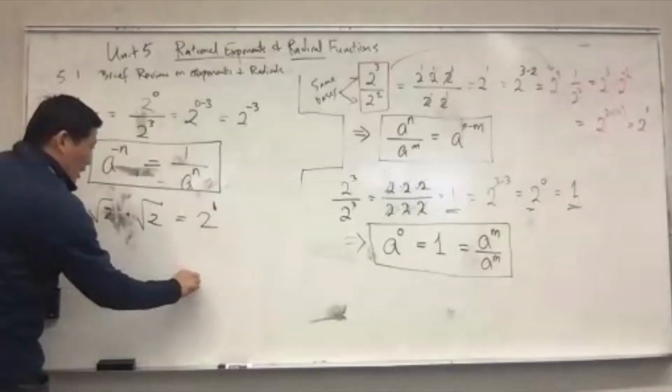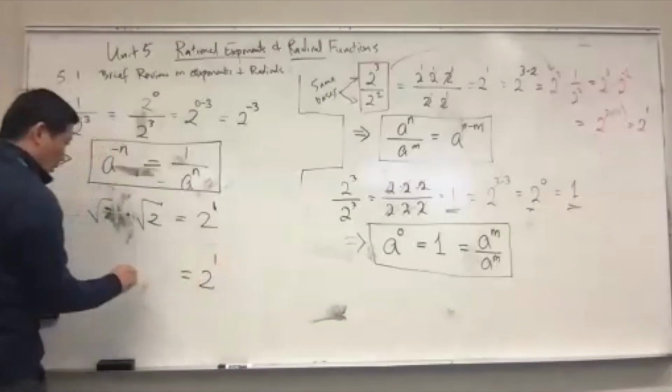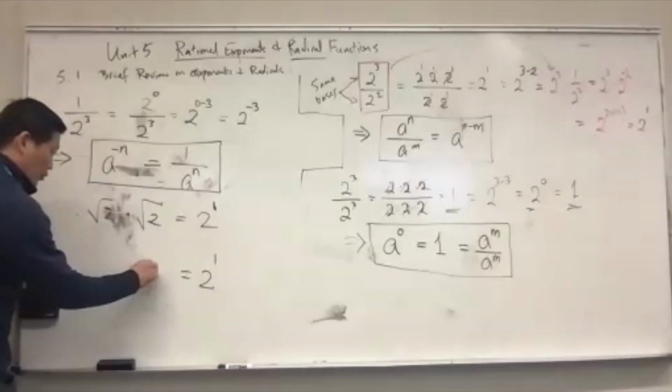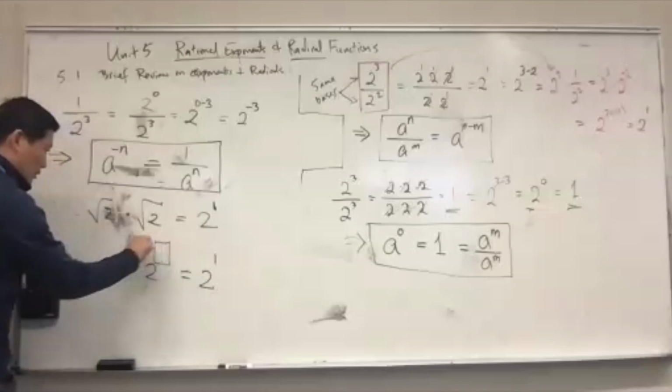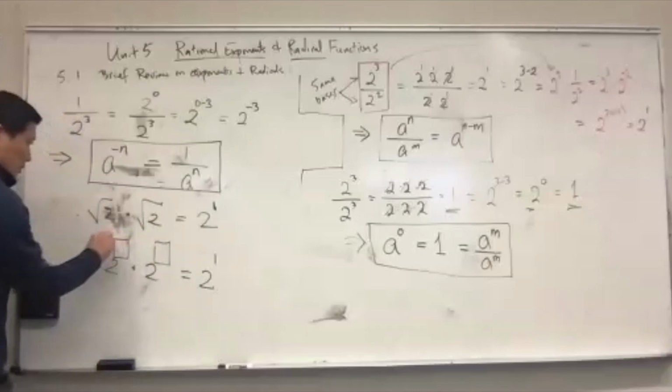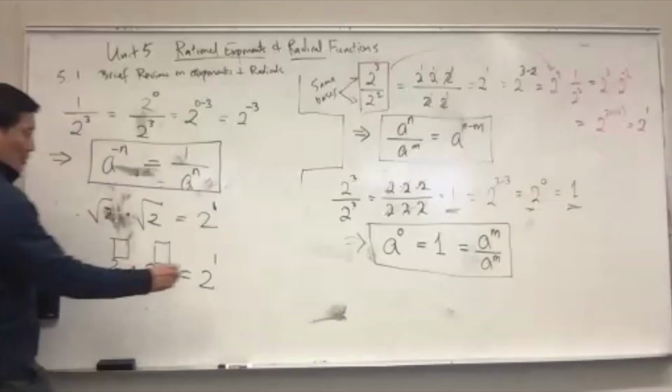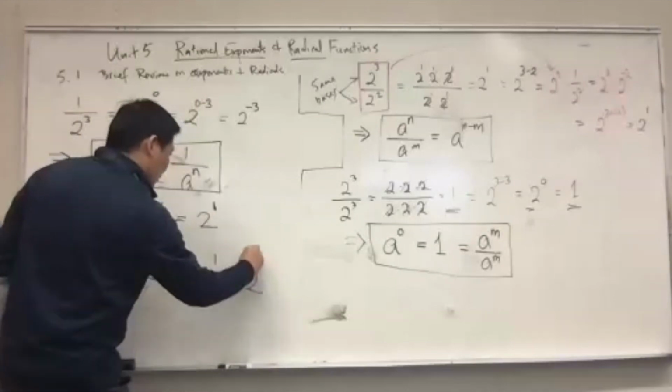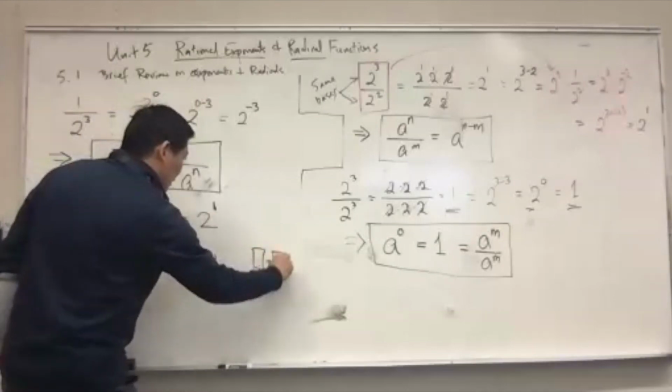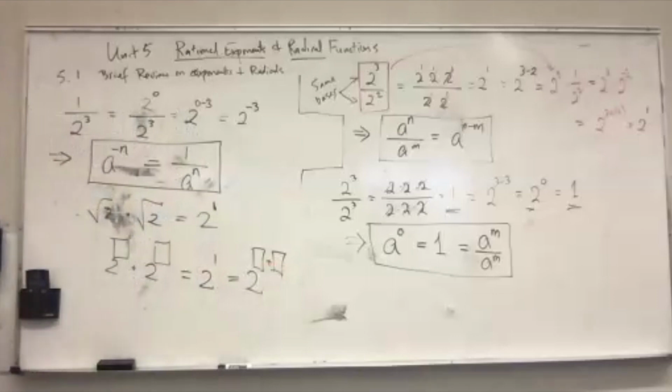If this is 2 to the 1 power, and somehow I got 2 to some sort of exponent, and they're multiplying, that means you have to have 2 to the this plus this equal to 1. What do you think that blank should look like?